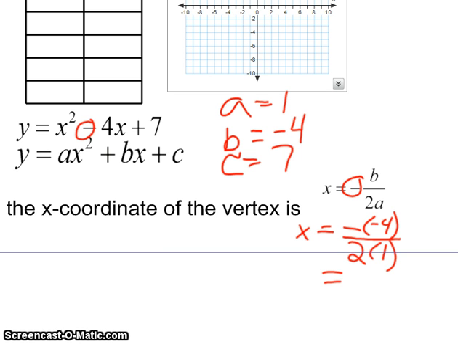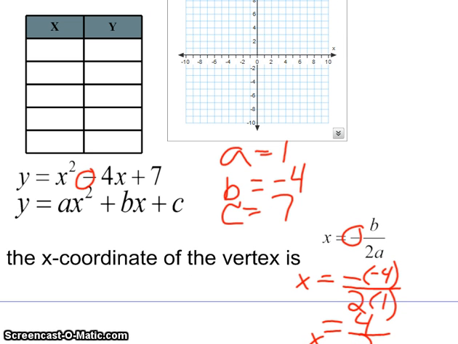Alright, so the negative becomes positive. 2 times 1 is 2. 4 divided by 2 is 2. That is the x-coordinate of the vertex. We're going to put that as the first x in my table.